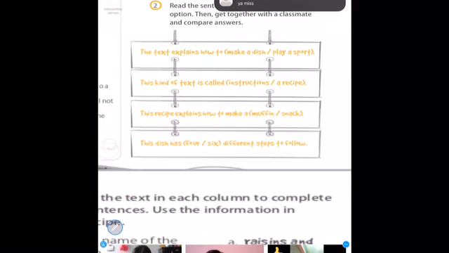Read the sentences and underline the correct option. Then get together with a classmate and compare answers. Very good, Kash. Thank you.